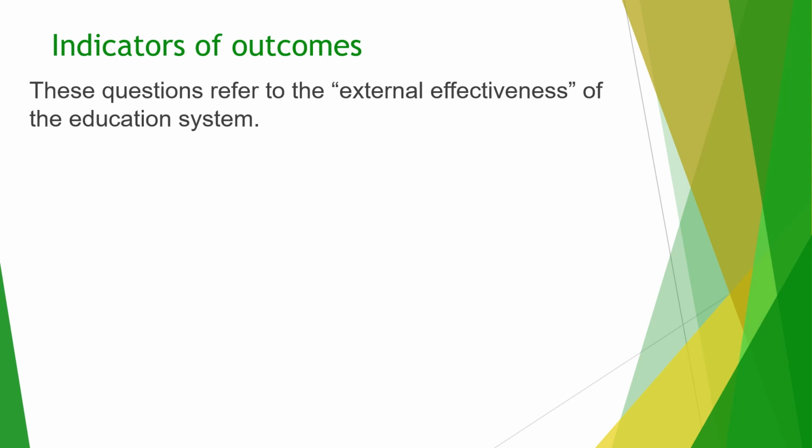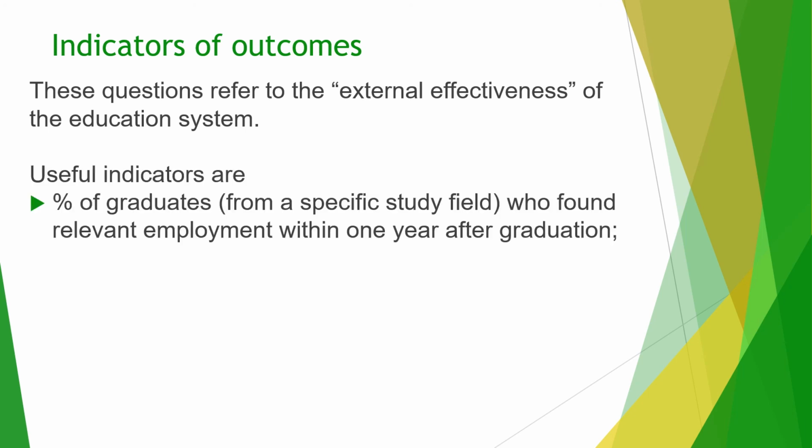Some useful indicators in this regard are, for instance, the percentage of graduates from a specific study field, graduates in engineering, for instance, who found relevant employment within 1 year after graduation. Relevant employment would be employment that is related to the studies they have followed.